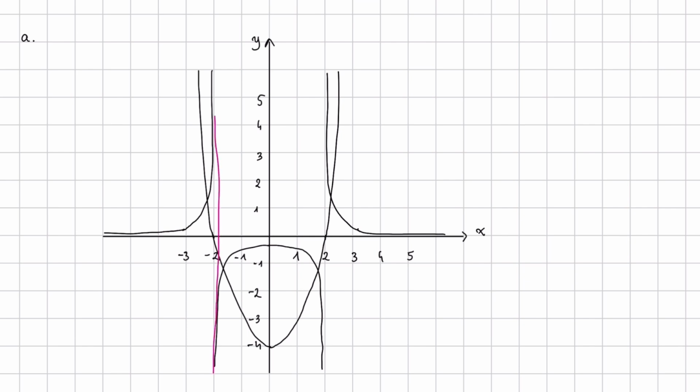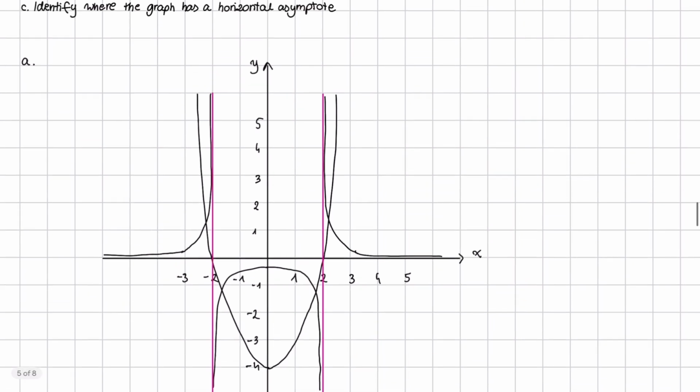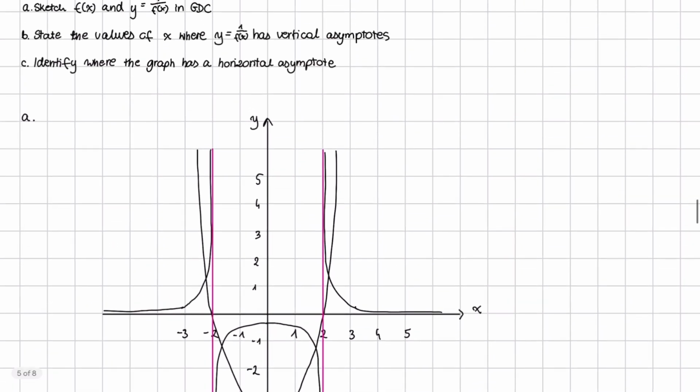Here we have our first vertical asymptote, and in here we have our second vertical asymptote. So in B we have vertical asymptotes for x = −2 and for x = 2.